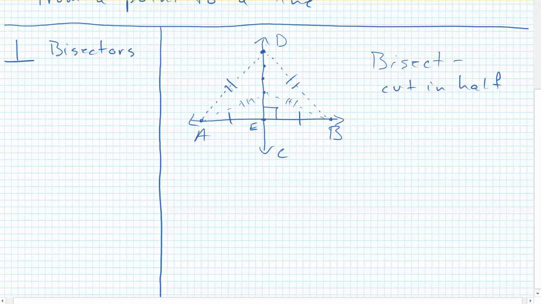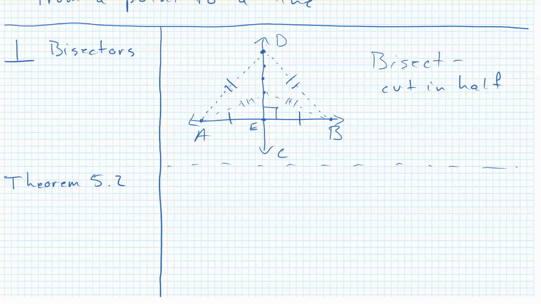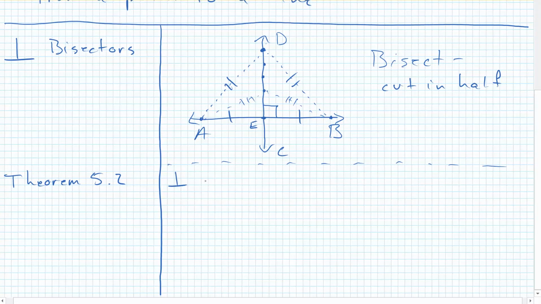Alright, so let's hit theorem 5.2. Theorem 5.2 is pretty close to what we just described in our perpendicular bisectors, and theorem 5.2 is in fact the perpendicular bisector theorem. And it's just generally a formalized version of the diagram that's up there.